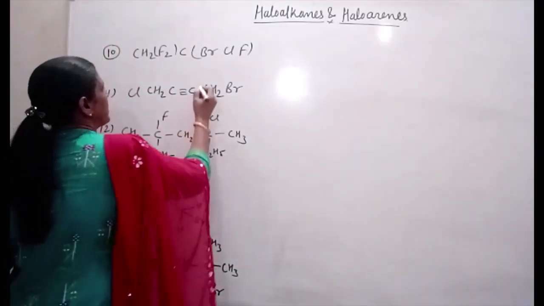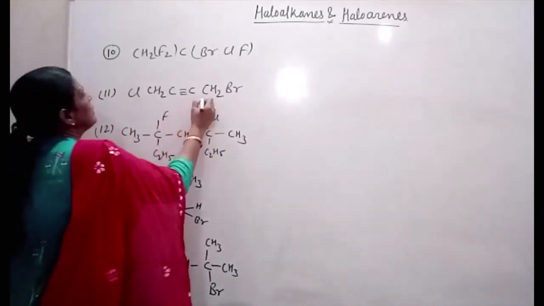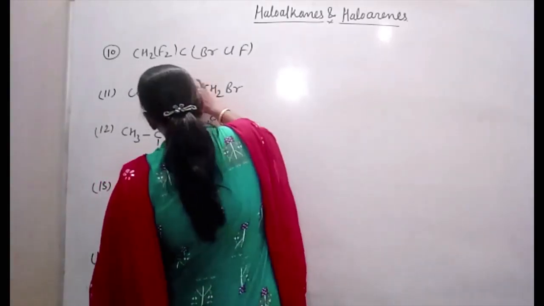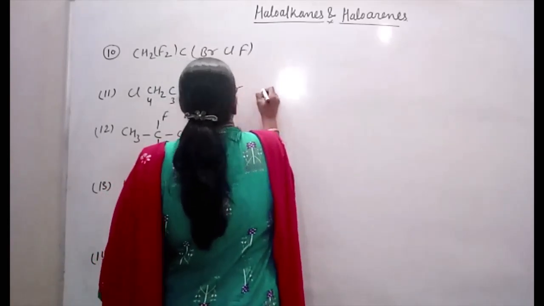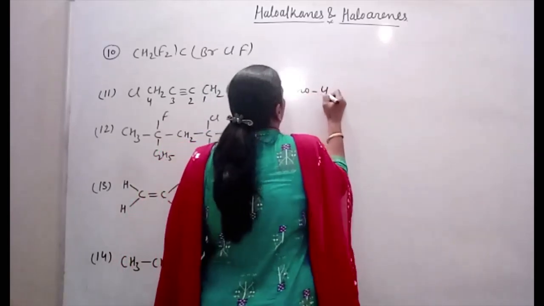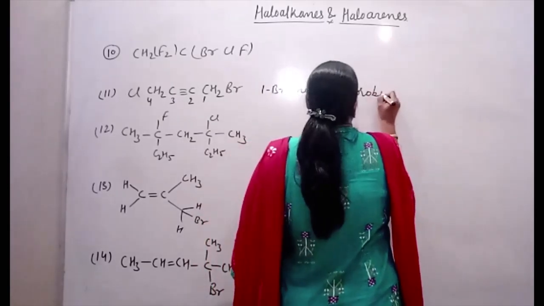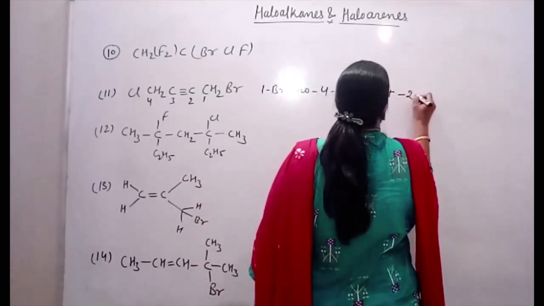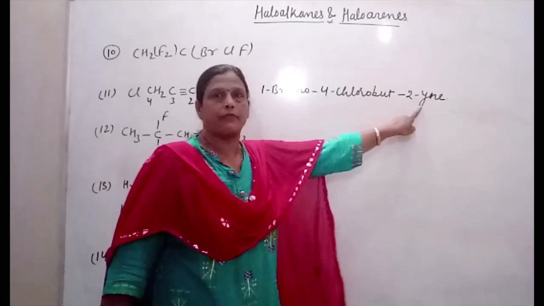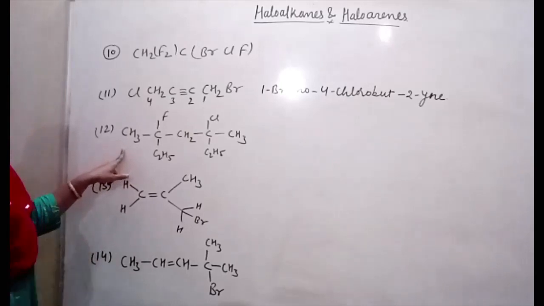So numbering is given from here because this is bromo and this is chloro. 1, 2, 3, 4, and its name is 1-bromo, 4-chloro, but-2-yne. Here a triple bond is present, so the suffix yne is used. Now move on to the next question.